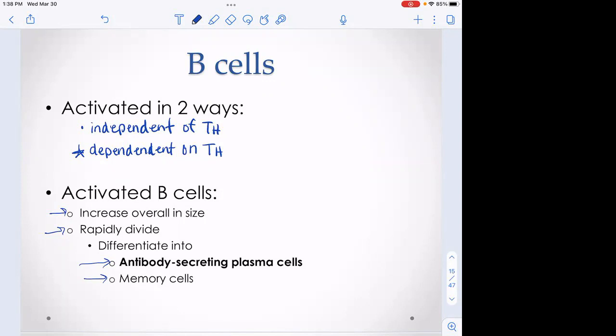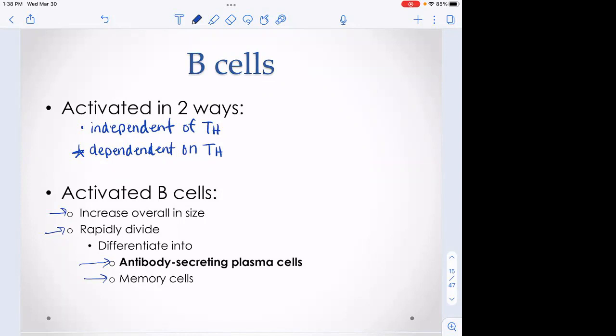Those memory cells are hopefully going to persist for long periods of time. The next time that B memory cell comes in contact with that same antigen, it doesn't need to go through a complicated activation process. It's already ready to go, ready to start kicking out antibodies again.